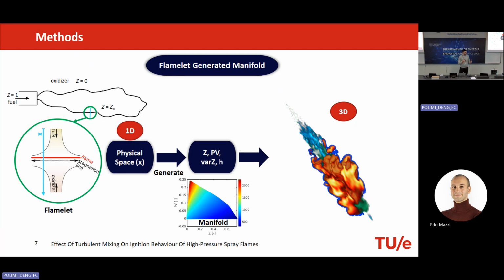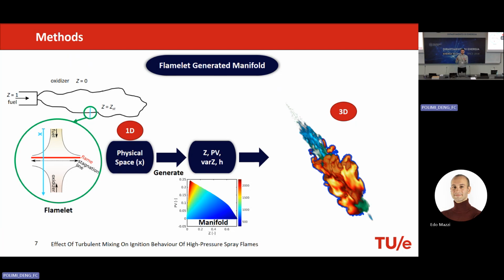Then we can transform these variables into another space, which is the space of the control variables, which can be several. In our case, they are mixture fraction, progress variable, variance of mixture fraction, and the enthalpy.